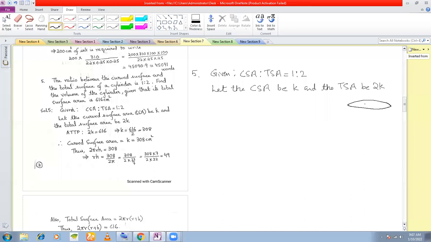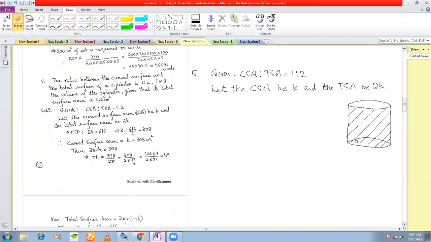that in case of a cylinder, the curved surface area is this shaded part, right? And the total surface area is the entire area of the cylinder, entire surface area, including the two circles on top and below.